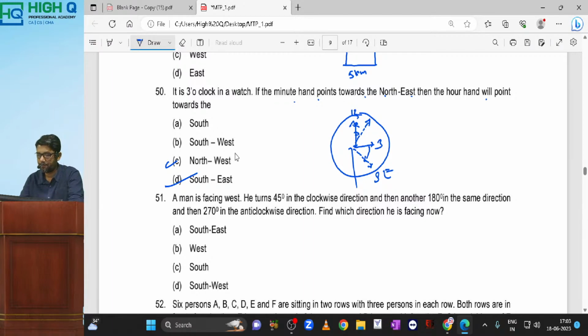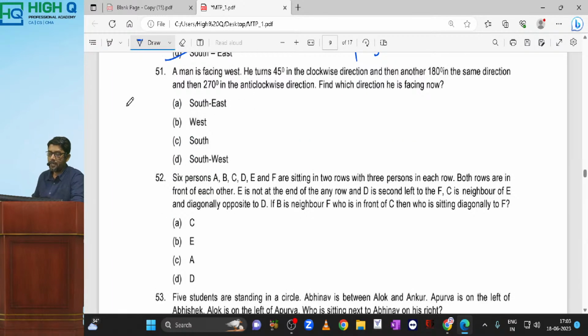Hour hand is going to be on southeast. Now, a man is facing west. He turns 45 degree in the clockwise direction, and then another 180 degree in the same direction, and then 270 degree in the anti-clockwise direction. A man facing west. He turns 45 degree in the clockwise direction.